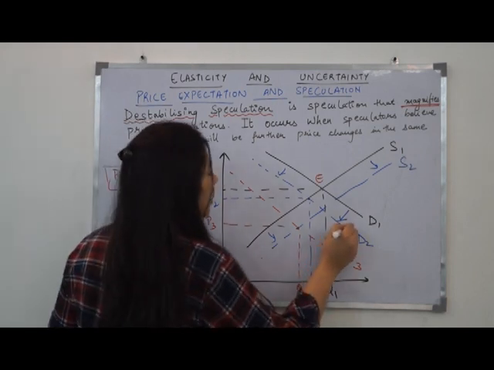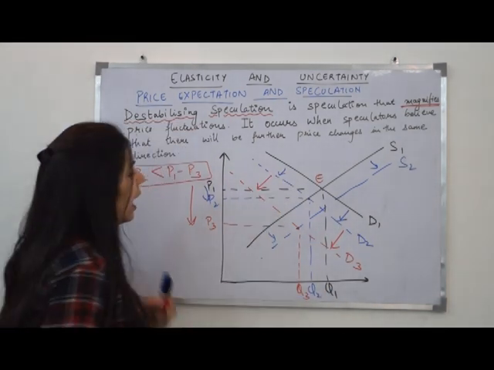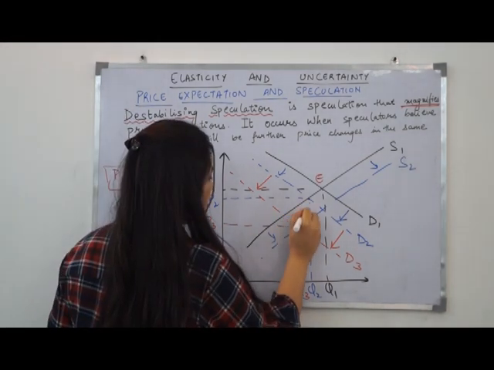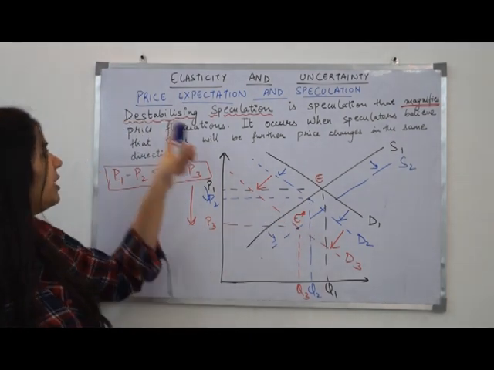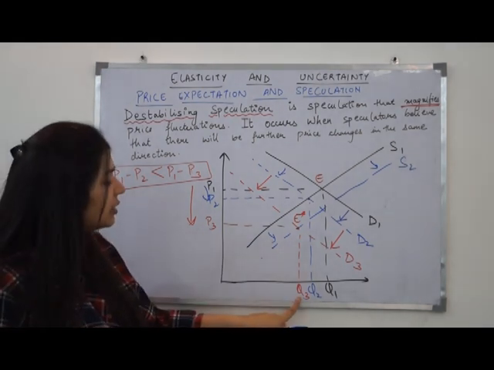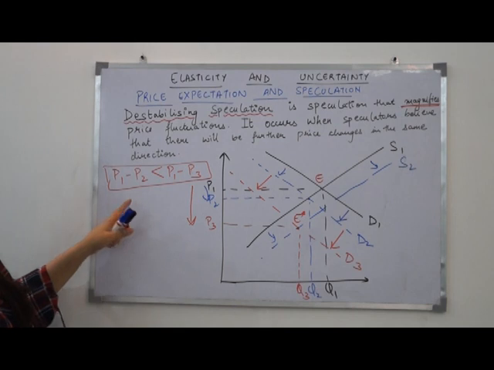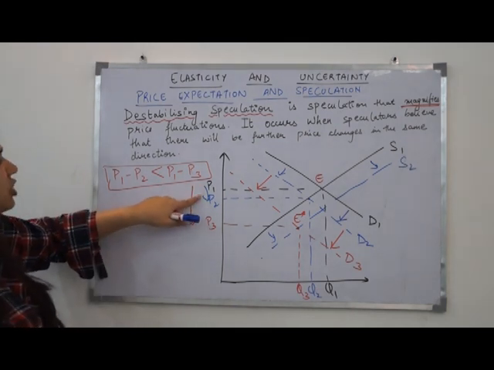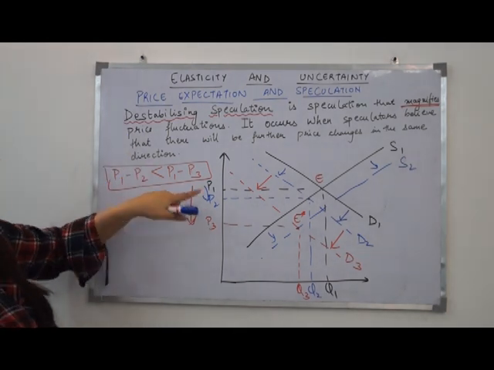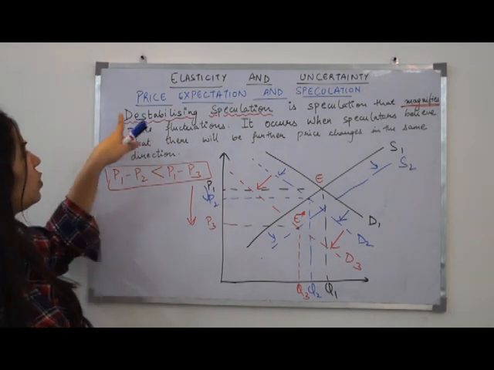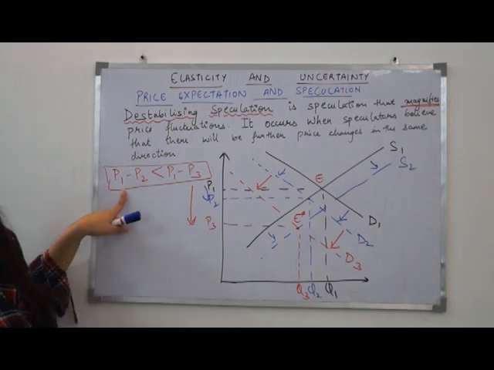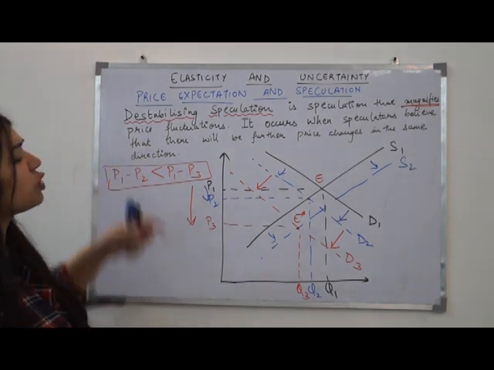So the demand curve again shifts leftward and we get the new equilibrium, say E star, the new equilibrium after destabilizing speculation, where the price is P3 and the quantity traded is Q3. We can see that the price change without any destabilizing speculation would have been P1 minus P2, but it has been magnified due to destabilizing speculation and has become P1 minus P3.